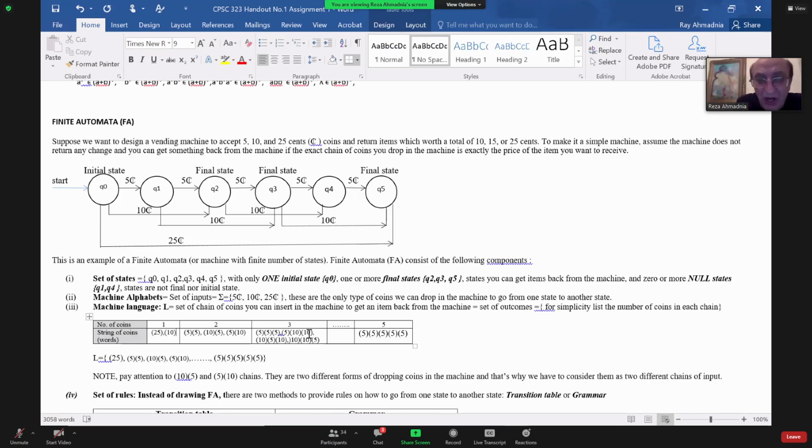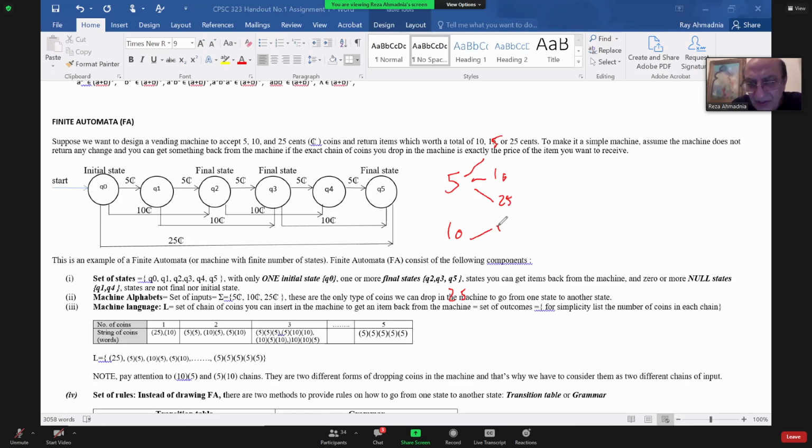For example, how do you find the words of length 3 here? If you remember, I talked about it, and now let's see if you remember or not. The first coin is 5, 10, or 25. The second coin: if the first is 5, it could be 5, 10, or 25.